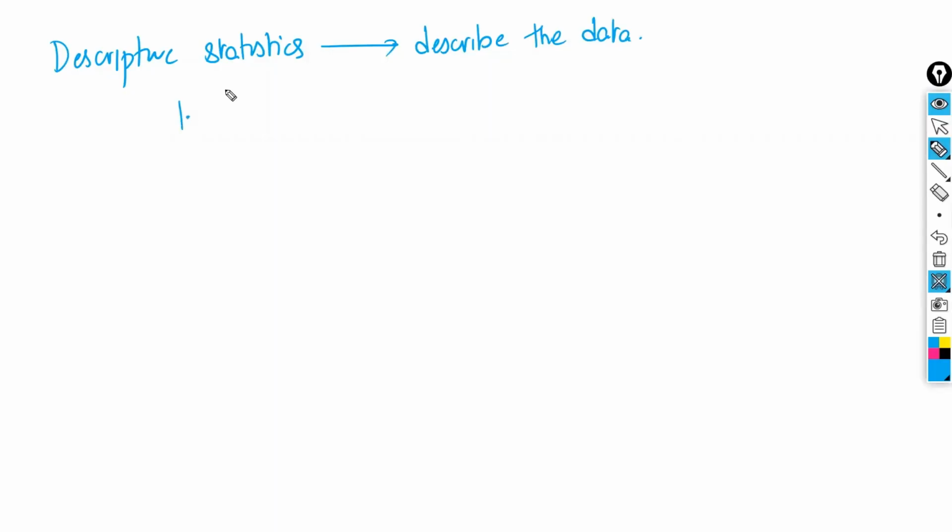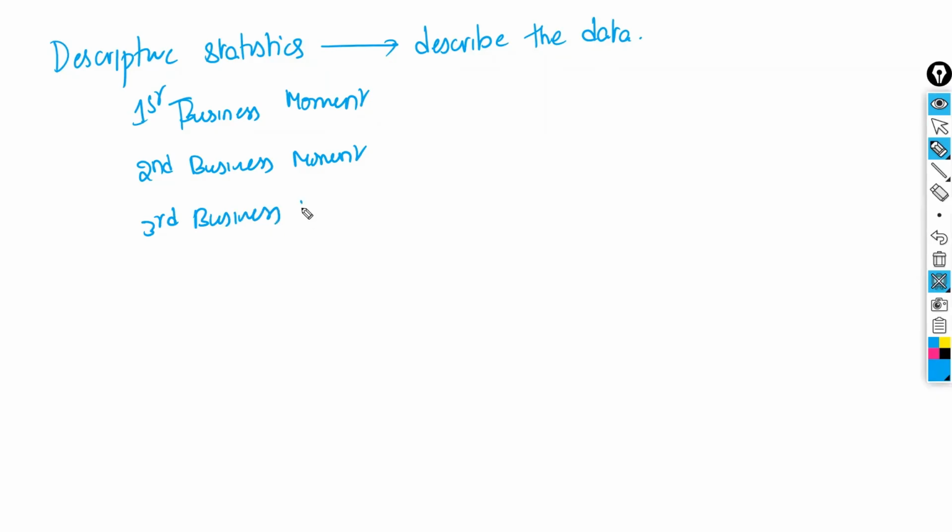By using 4 business moments. The first business moment, the second business moment, the third business moment and the fourth business moment. By using these 4, we are going to measure the entire data, based on these 4 values.